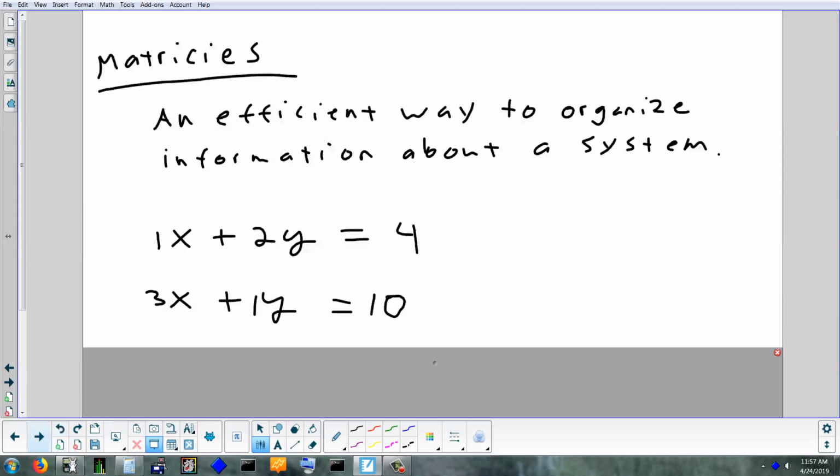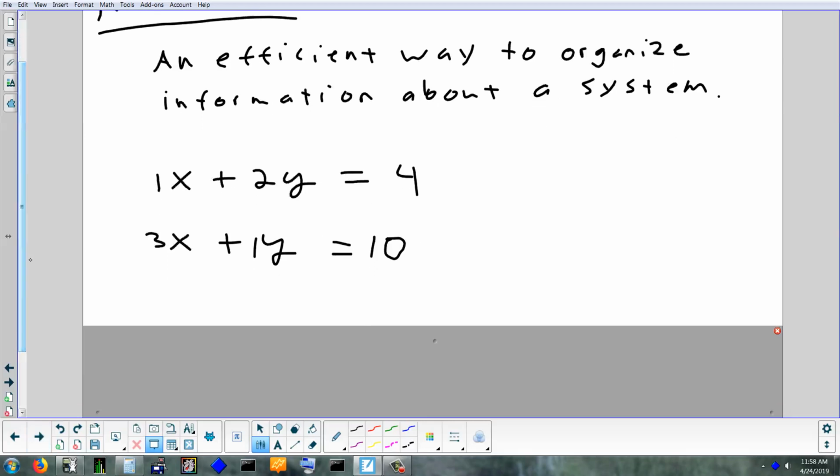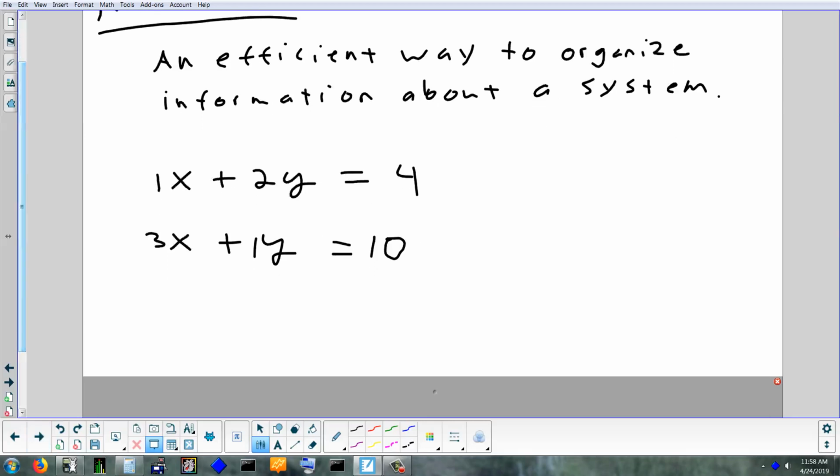So matrices are what we're going to look at tomorrow. Okay. So other than just telling you it's a more efficient way of solving a problem, I'm not going to show you anything with a matrix today. Nice thing about a matrix is you never have to write any letters. Like if I was doing this problem with a matrix, it would be written like that.